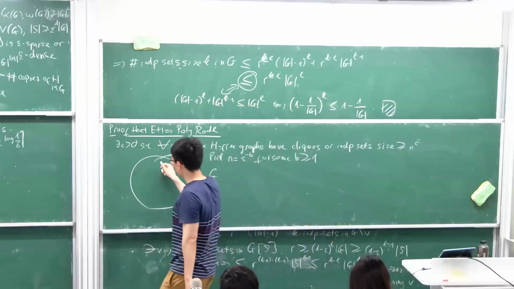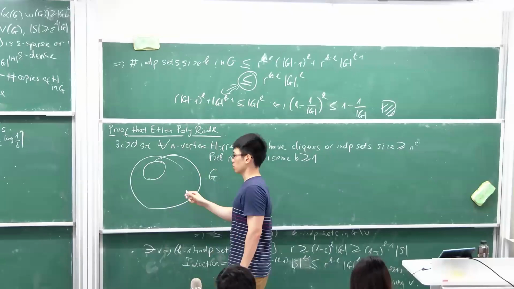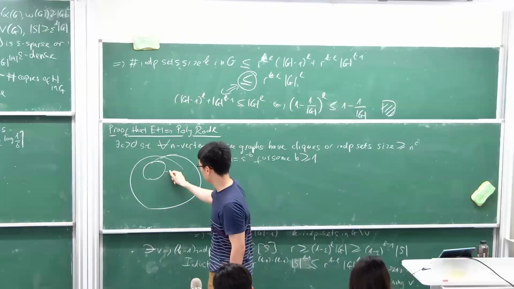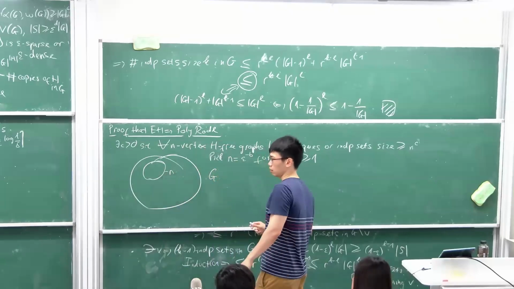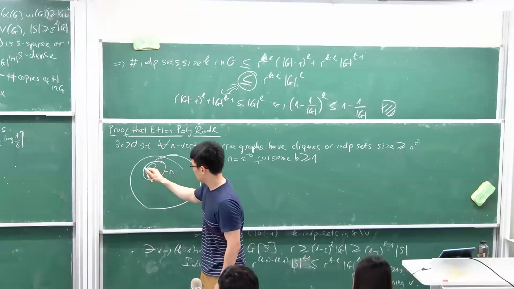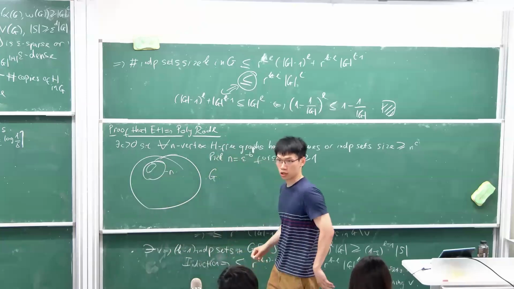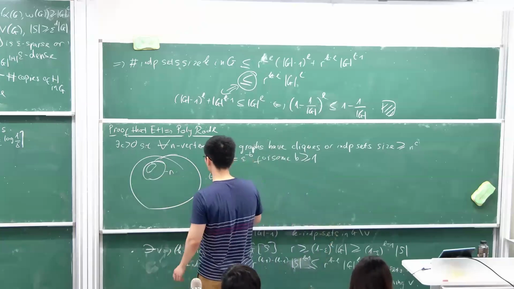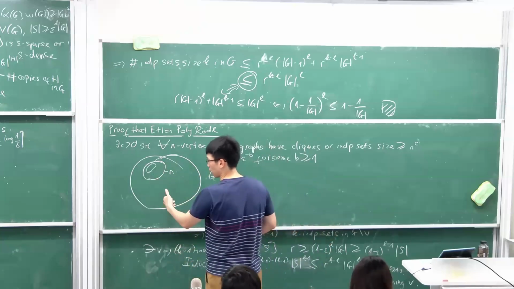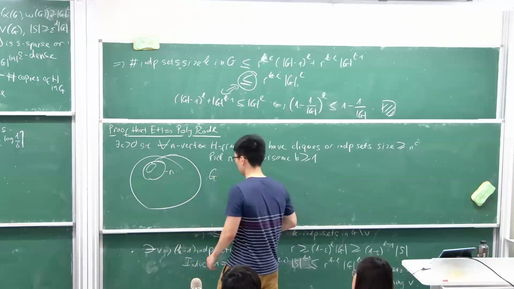Now if I pick an arbitrary vertex subset of G of size n, then by the Erdős–Hajnal property, I can see a clique or independent set inside this subset of size at least n to the c. This is similar to what we saw in the Alon-Pach-Solymosi proof.